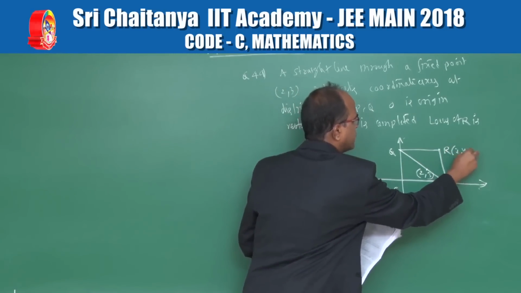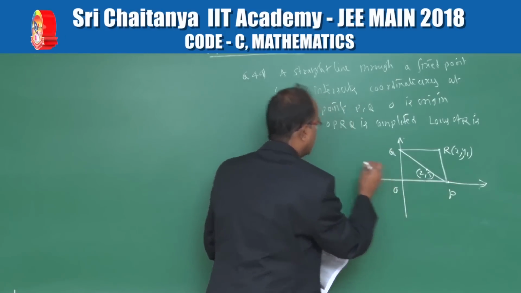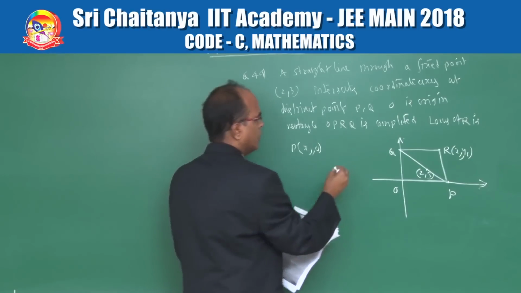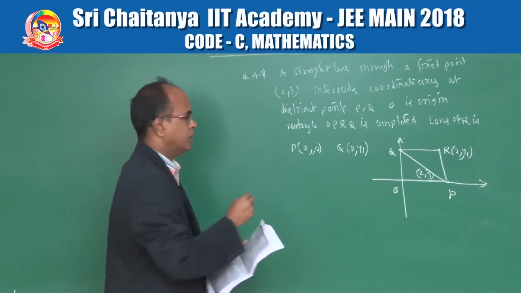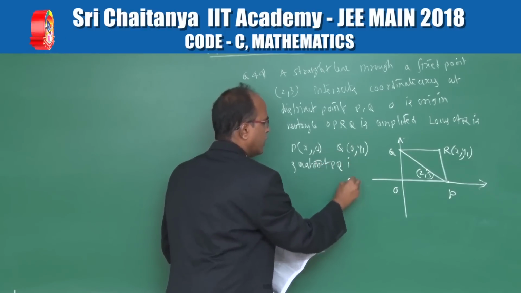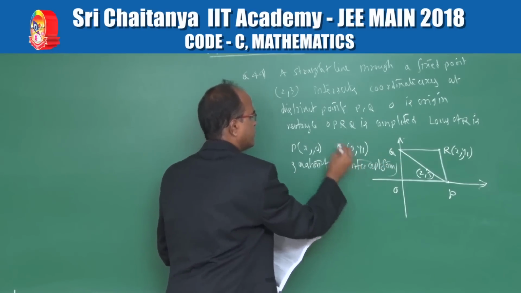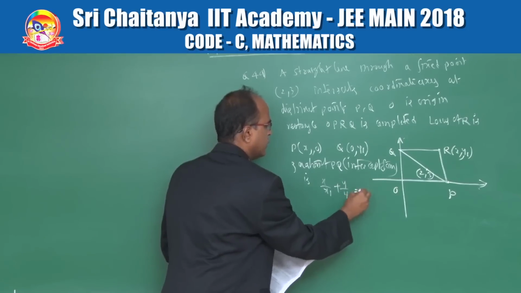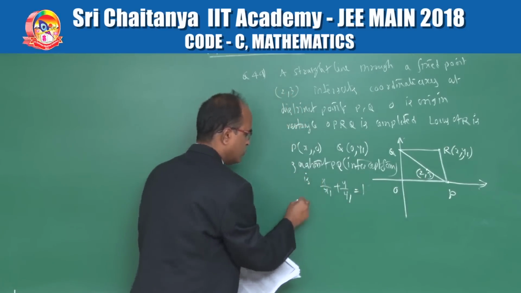Therefore, take R as locus point (x1, y1). Then the P coordinates will be (x1, 0), and the Q coordinates will be (0, y1), and the equation of PQ in intercept form is given by x/x1 + y/y1 = 1, and this straight line is given to be passing through (2, 3).